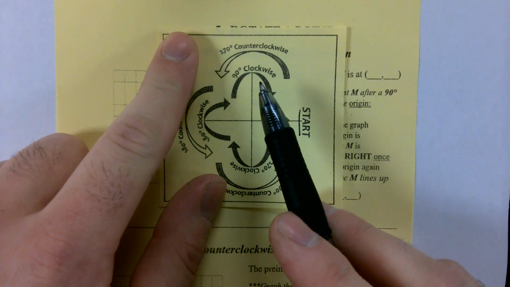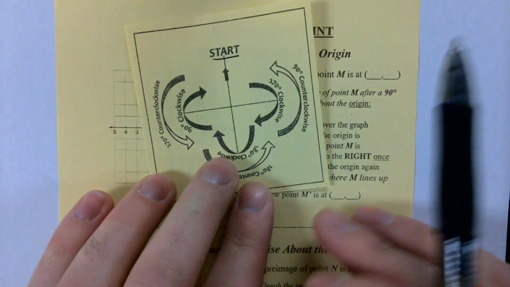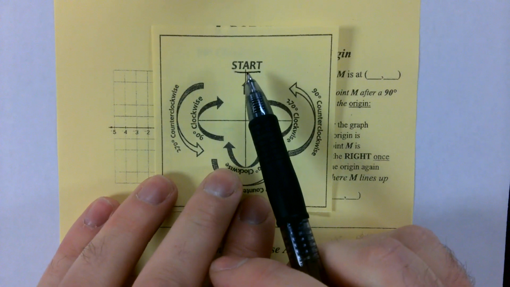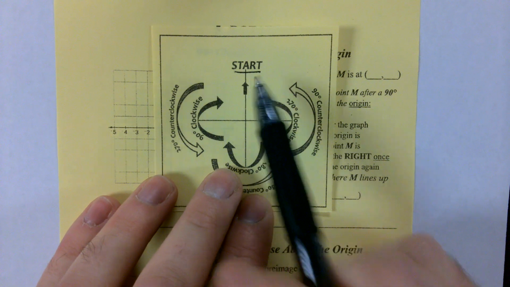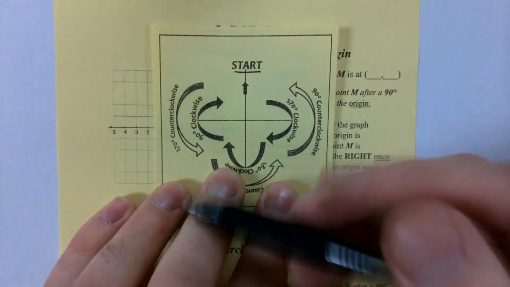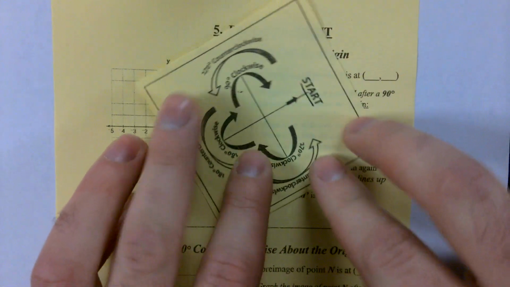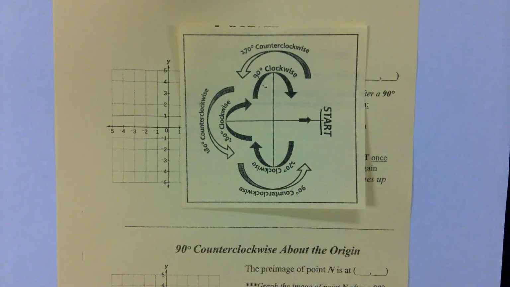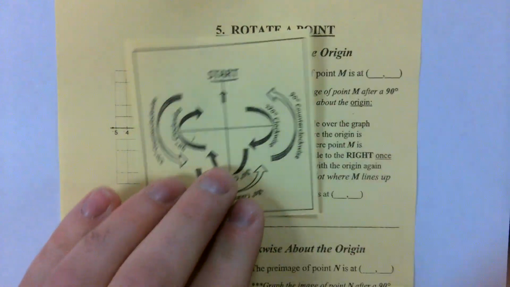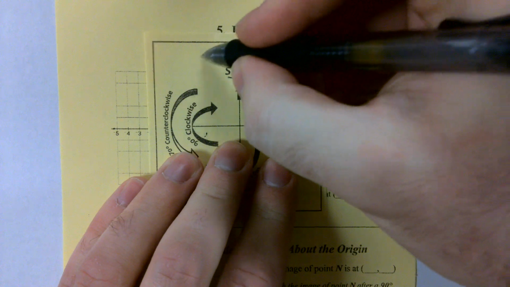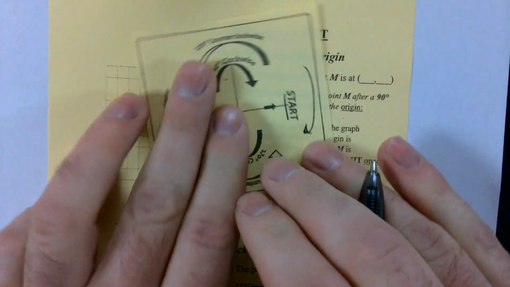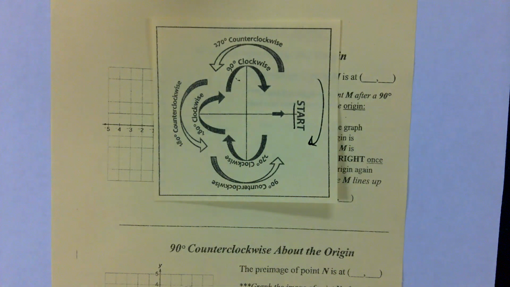Okay? So everyone's got this out in front of them right now. Make sure start is at the top. Okay? And then rotate your paper so that 90 degrees clockwise is now at the top. Right? So what we did here, as we can see, is we're turning to the right 1 little turn.